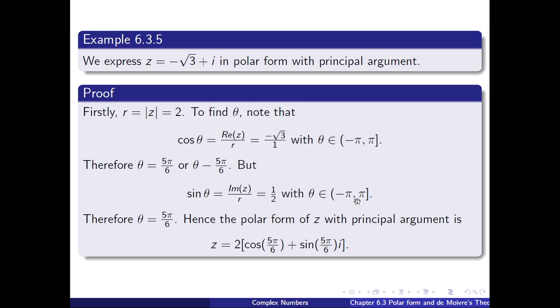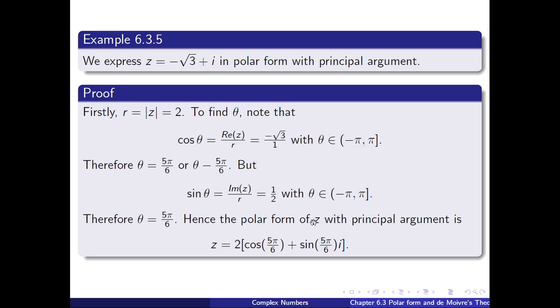So what we want is the angle that satisfies the two conditions here, and that angle is 5 pi over 6. So here it's supposed to be theta is equal to minus 5 pi over 6, right?